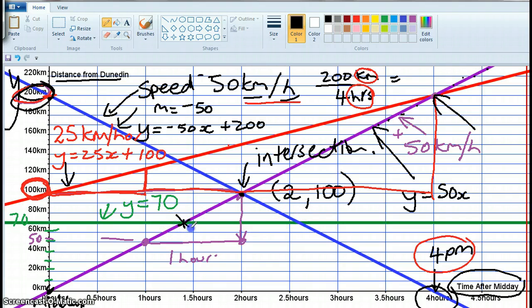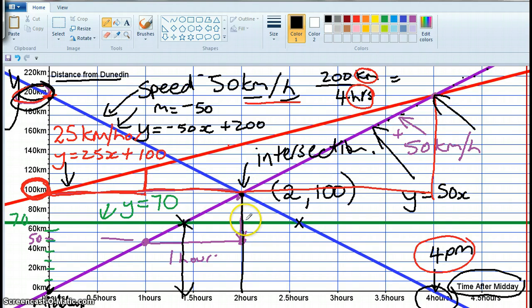What about this intersection here? If the green train is broken down on the side of the track, then at what time approximately does the purple train overtake it? 1.5 hours is like 1:30 p.m, so maybe somewhere like 1:20 p.m, something like that. And at 2 hours, the purple and the blue are at the same spot, which is 100 kilometres away from Dunedin.